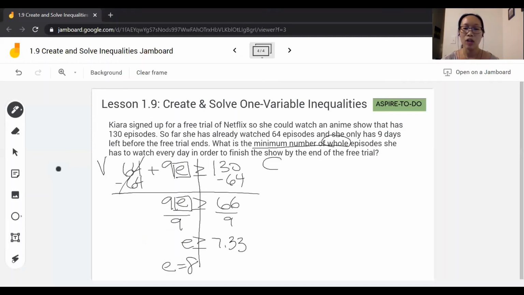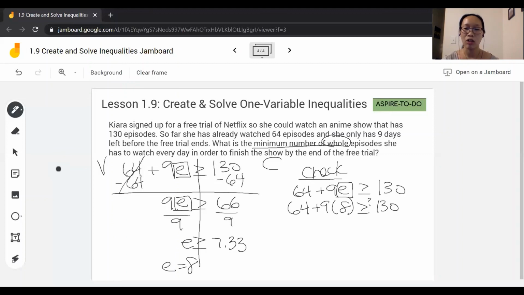So let's check. Is it true that if she watches 8 episodes a day, she'll finish the show before the end of her free trial? So let's rewrite the equation. 64 plus 9e is greater than or equal to 130. In the place of the e, I'm going to substitute in the value that we found, which is 8. I want to check and see if this is greater than or equal to 130.